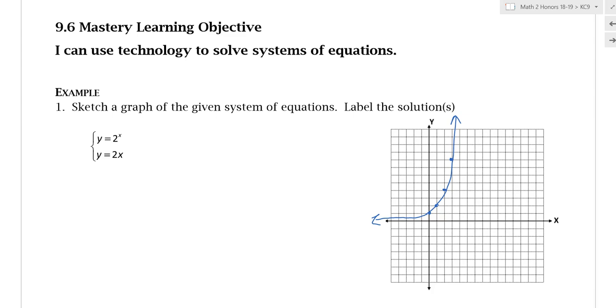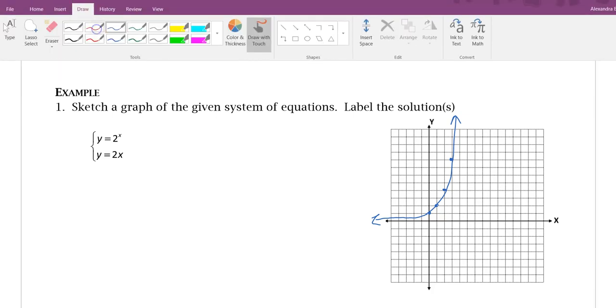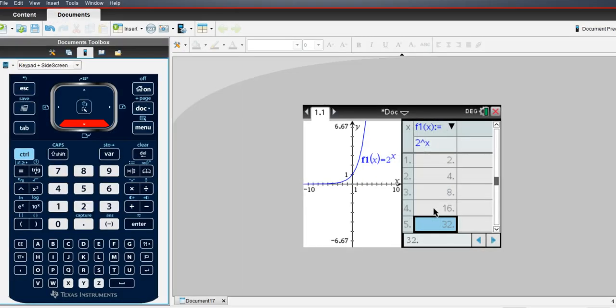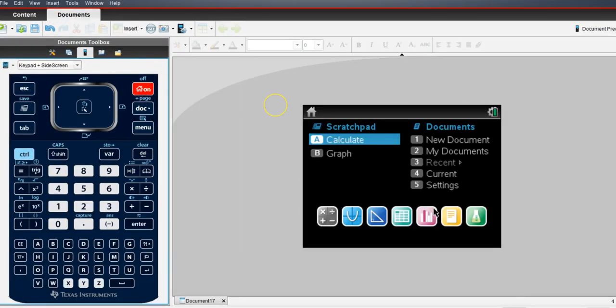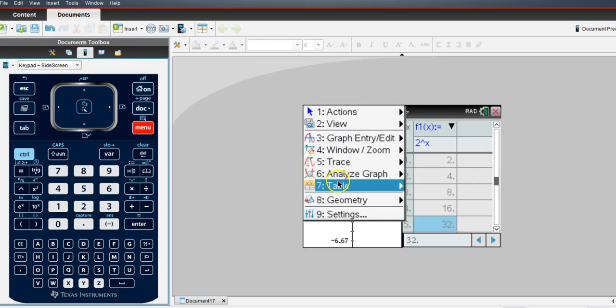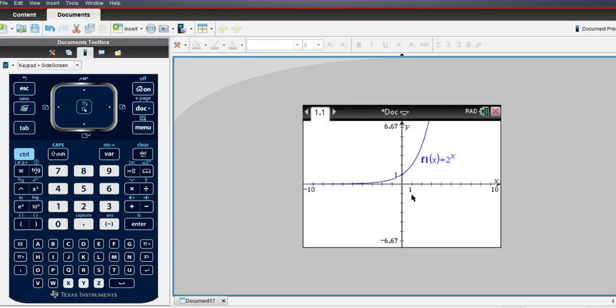All right, our second equation is y equals 2x. So going back here, menu, 7, remove table, so that we can just see our graph.